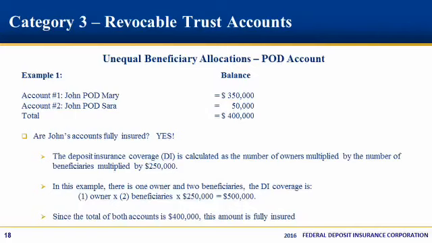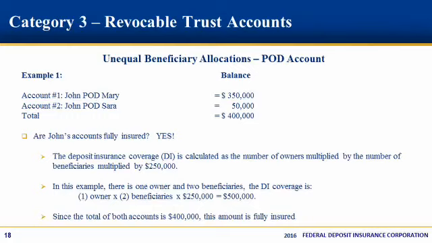In example 1, we have account number 1, John, payable on death, Mary, with a balance of $350,000, and account number 2, John, payable on death, Sarah, with a balance of $50,000 for a total of $400,000. Are both of John's accounts fully insured? Well, the answer is yes.